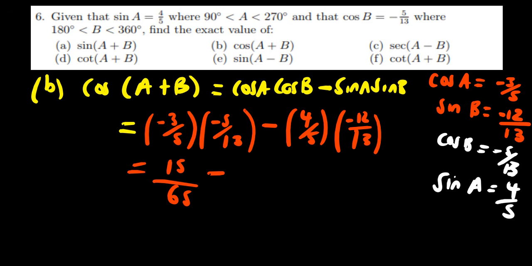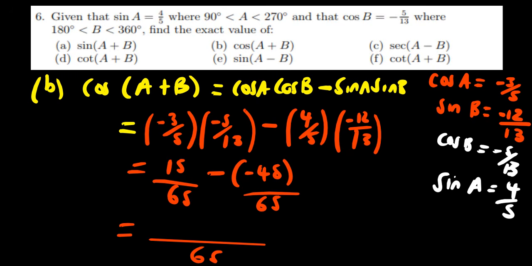So what am I going to have? I'm going to have negative 48 over 5 multiplied by 13, which is 65. Then what am I going to have? 65. 5 plus 48 on top, because a negative and a negative is going to give us a positive. So what are we going to do? 5 plus 8, that is 13.